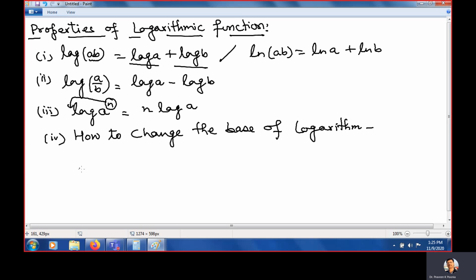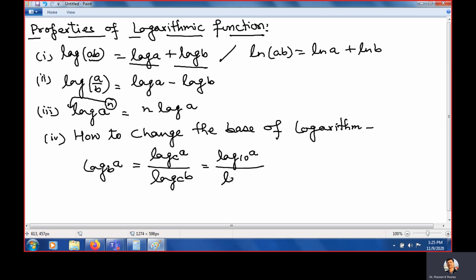This is very simple. Log of A base B is equal to log of A base C upon log of B base C. You can write any base. Generally what we do is take log of A base 10 upon log of B base 10.